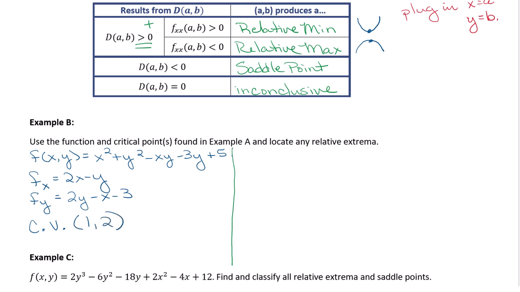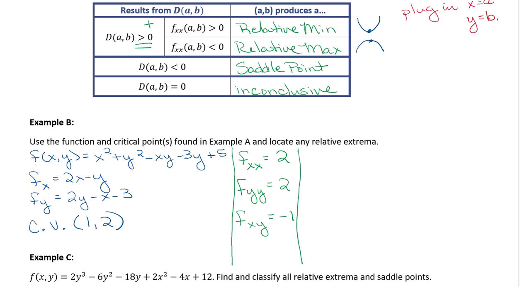So now we need to find the second order partial derivatives. Looking at the f sub x over here, the derivative with x again would be 2. The second order partial derivative of y and then y, if we take that derivative again with y, would be 2. And with xy, it would be a negative 1.